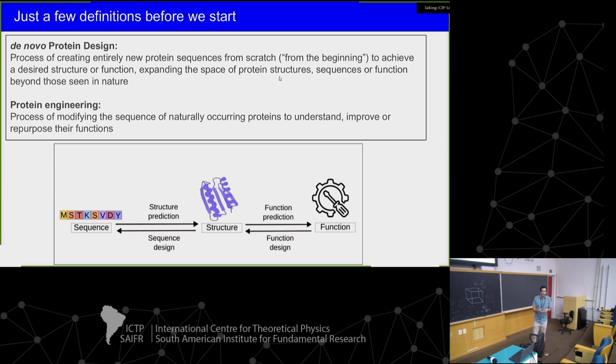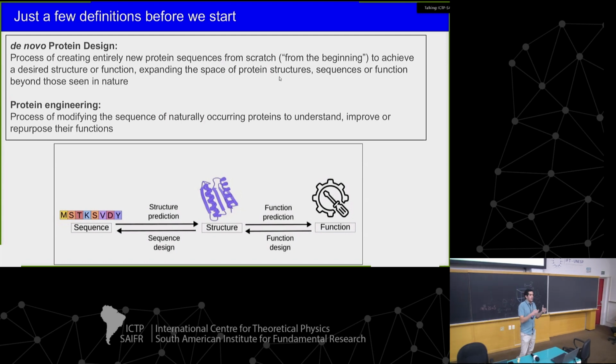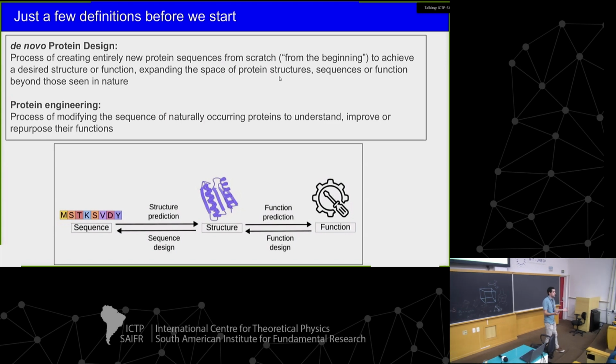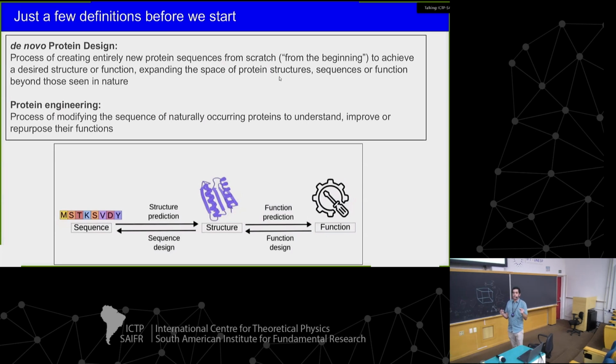You are not basing it on a natural protein. You start from scratch. So this is called de novo design. If you have a natural protein and you want to optimize some property or some function of this protein, you can, for instance, do some mutations. This is called protein engineering.